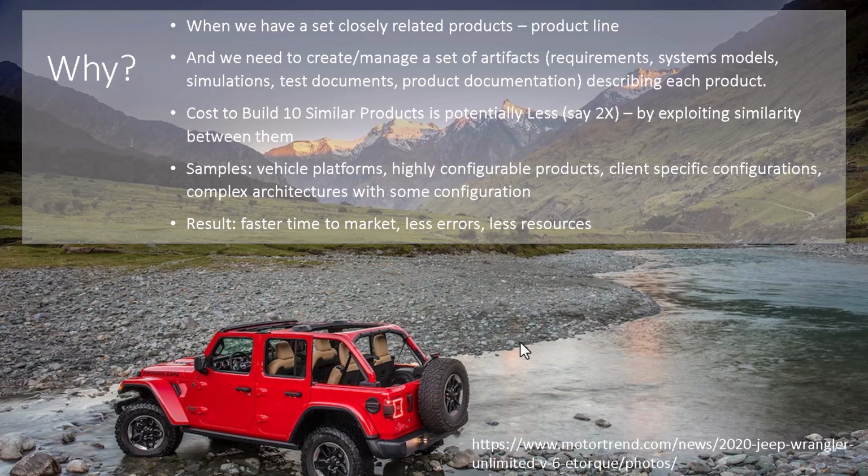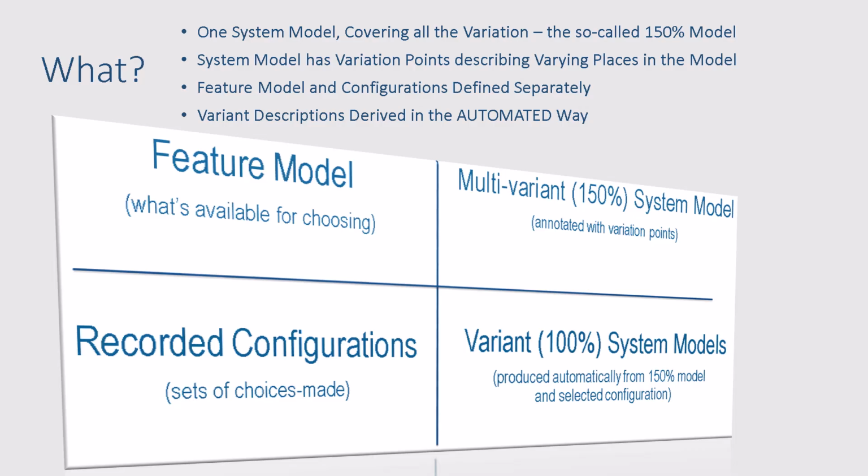Humans are no longer in the loop once you specify those variation points, and fewer resources are needed to produce the final architecture. The resources are invested at the beginning to make it configurable, but that's a good way to invest resources, because it makes things consistent and less time-consuming in later steps.